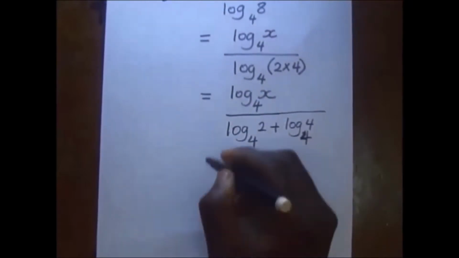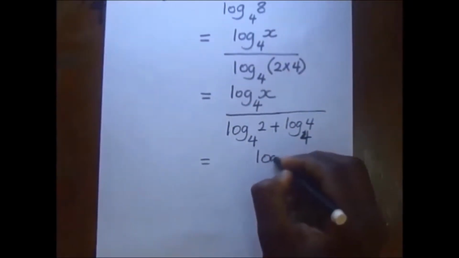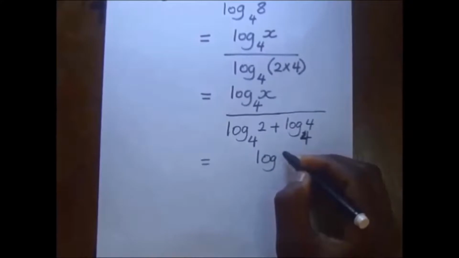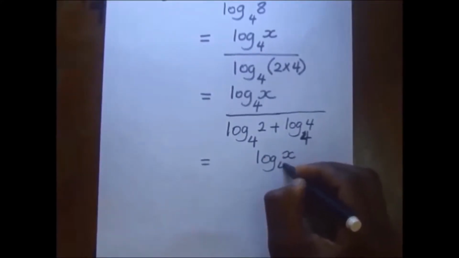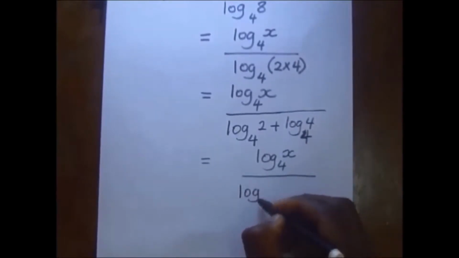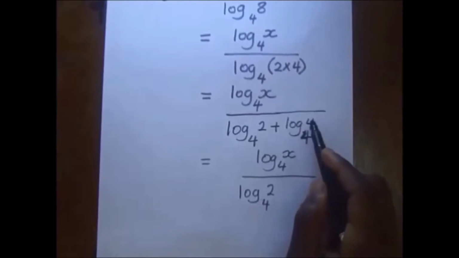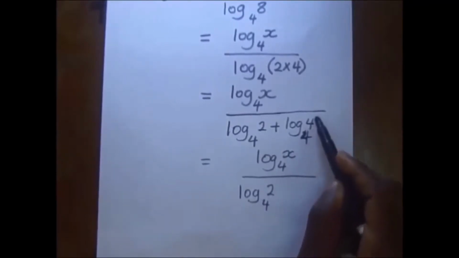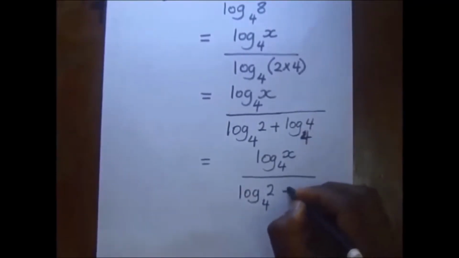So when we continue, this is going to be log of x base 4, divided by log of 2 base 4 plus log of 4 base 4. This is when the base and the number are the same, this is equal to 1, so it's going to be plus 1.